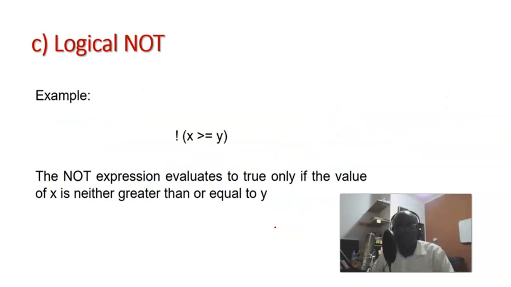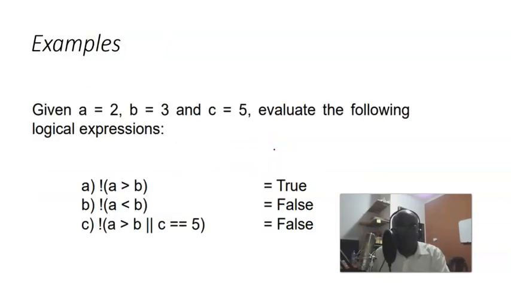Now, there is also what is known as the logical NOT. The NOT expression evaluates to true only if the value of x is neither greater than nor equal to y in this given expression. So logical NOT negates, it gives the opposite of a given value. So for example, let's look at this.